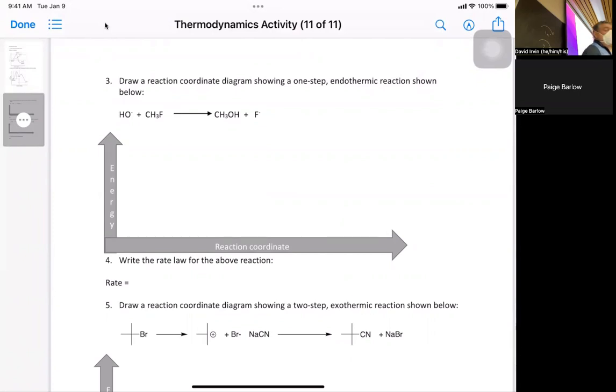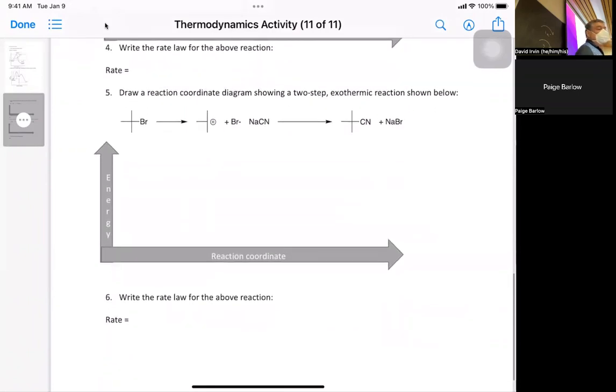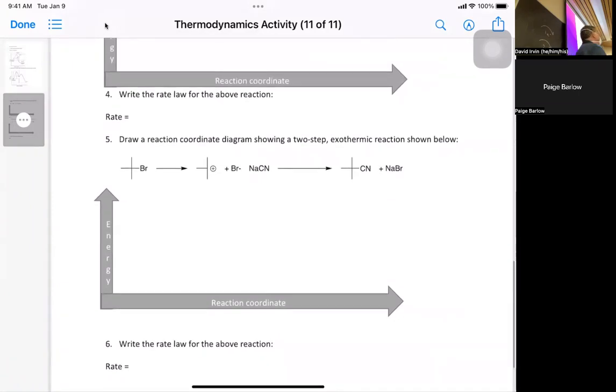On the second one, I want you to do this reaction, and I'm telling you it's a two-step. We just talked about carbocations, so you'll see why it's a two-step right here. I want you to show me that it's an exothermic reaction and where that would be. And then for both of these, show me what the rate law would be. Remember that the rate law is defined by how many steps you have.